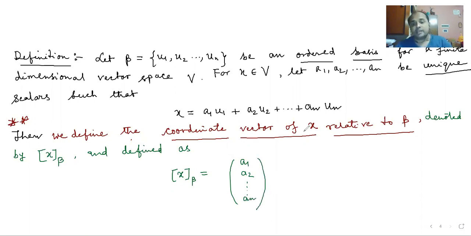That is called the coordinate vector of x relative to beta.